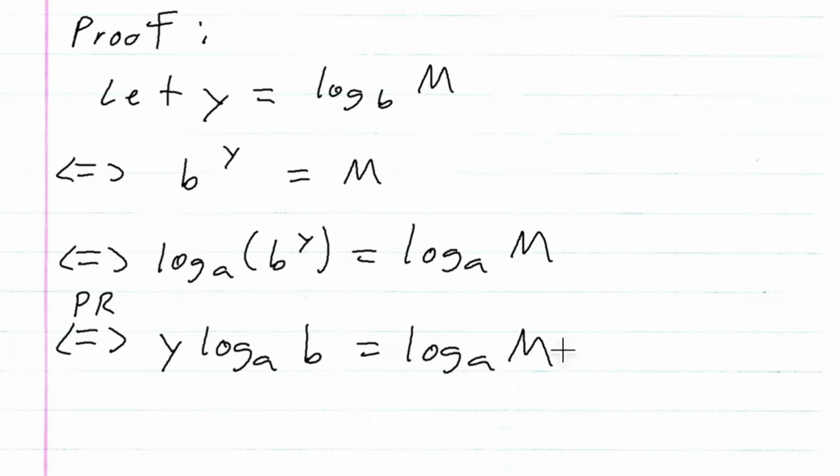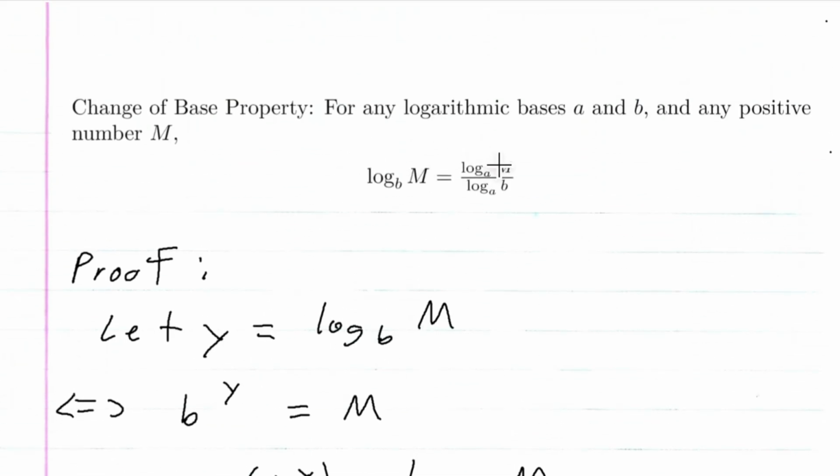Now I have y is equal to log base b of m, and if I can convince myself to divide both sides of this by log base a of b, then I have y is equal to log base a of m over log base a of b, and y is equal to log base b of m, and that's exactly what I want to show, right?